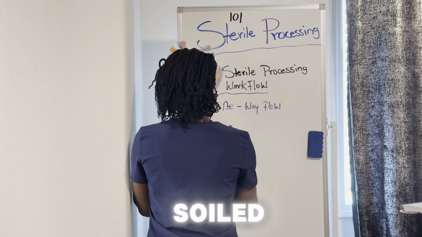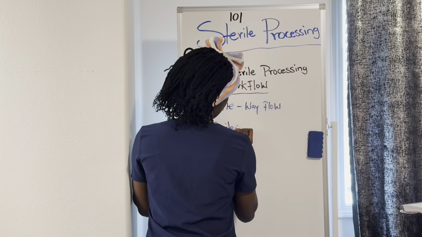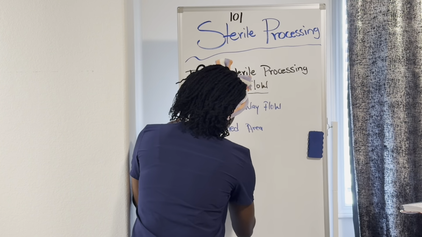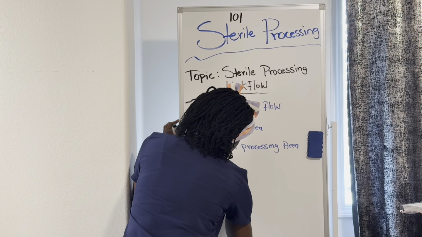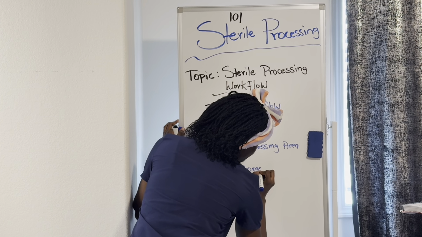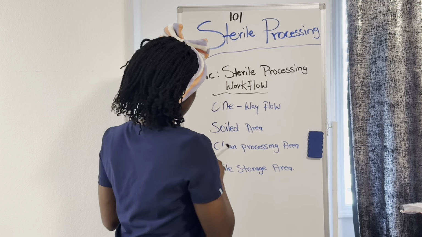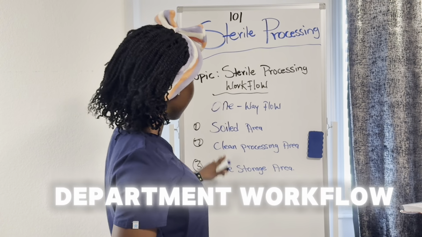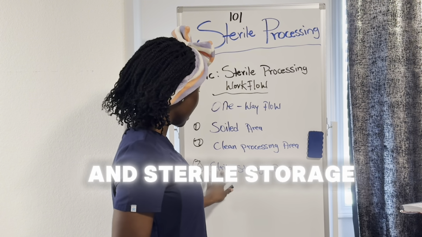We have the swirl area, the clean processing area, and the sterile storage area. These are the three areas of the sterile processing department workflow: the swirl area, clean processing area, and sterile storage area.